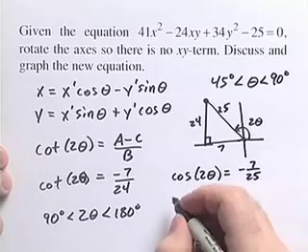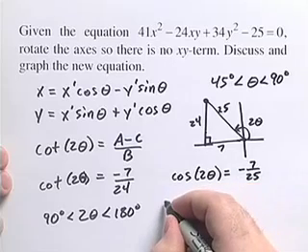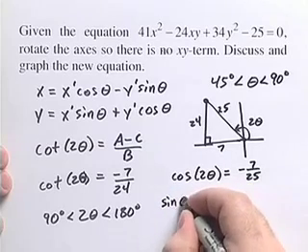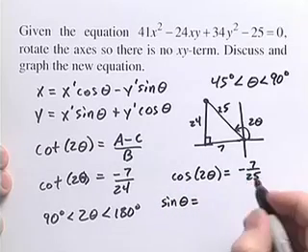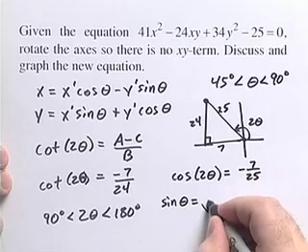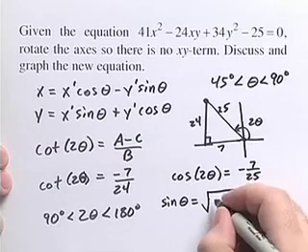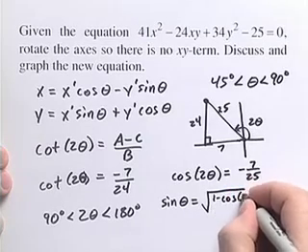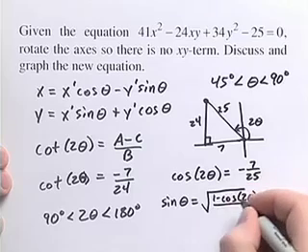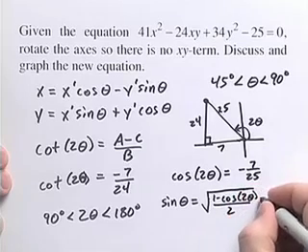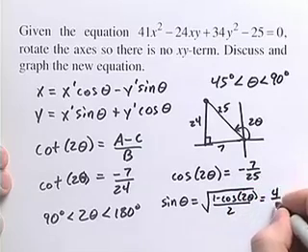We want to find the sine of theta and the cosine of theta next. The sine of theta is equal to the square root of 1 minus cosine of 2 theta, divided by 2, and that's going to equal 4/5.